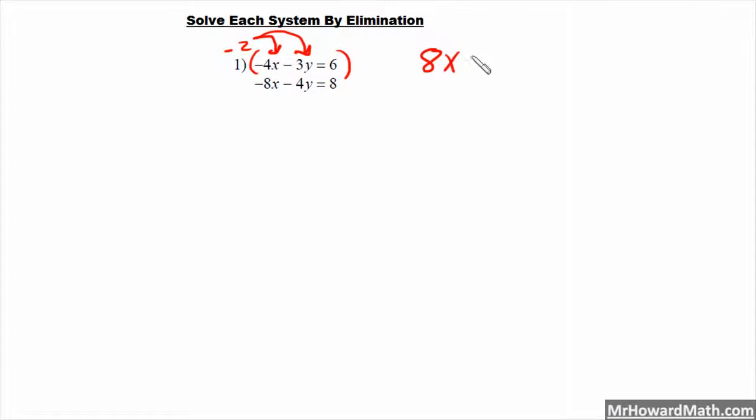That would give me a positive 6y, and a negative 12 equals negative 12. So my new top equation is this one. It's equivalent, it's the same line, I've just multiplied all the terms by negative 2. Then my bottom line stays the same, so I'll write it underneath: negative 8x minus 4y equals 8.